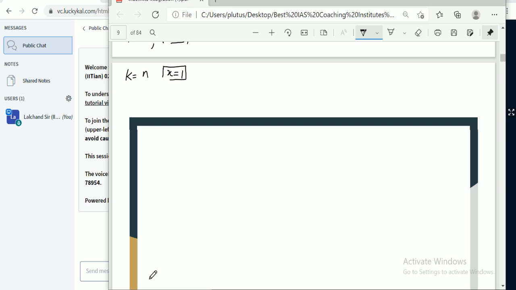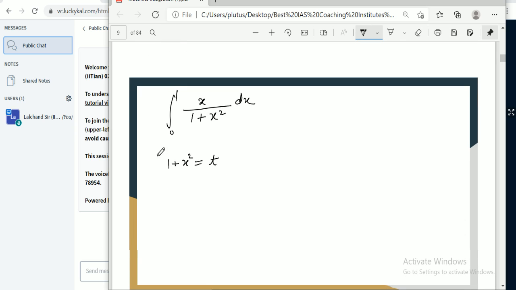So we have integral 0 to 1 of x upon 1 plus x square into dx. Let 1 plus x square equal to t. If we differentiate both sides, then we have 2x dx equal to dt, so x dx is 1 by 2 dt.